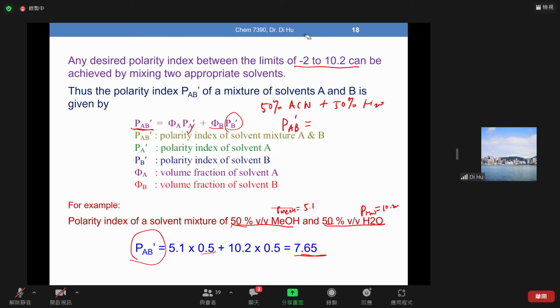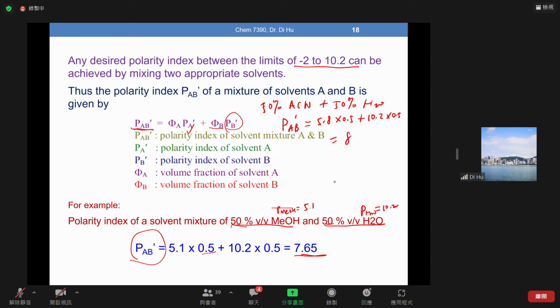Yeah, okay, good. 8. Very, very good. How to do that? Very easy, right? The polarity index of ACN is 5.8, times 0.5, plus 10.2 times 0.5, which equals 8. Very good. So you know that.